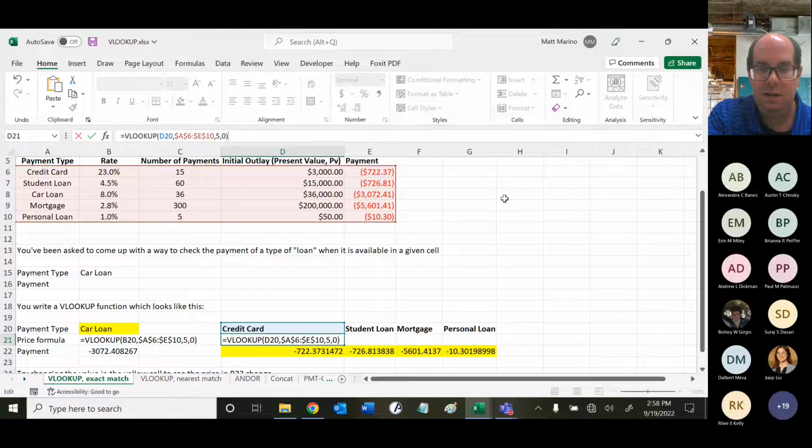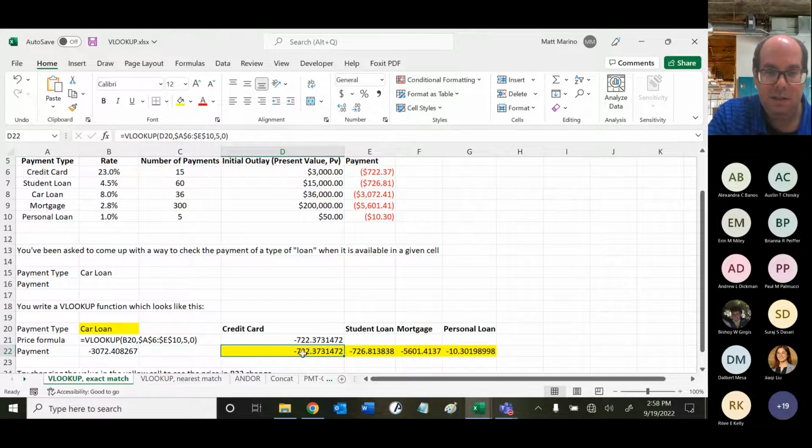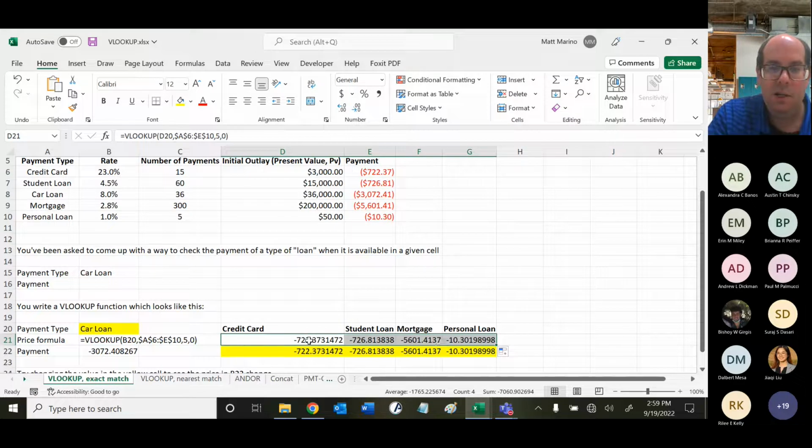And then you close it out, and when you hit enter, you get the same exact formula and answer as the yellow highlighted box below. Got it. You can autofill that over. So what would we do if we wanted to find the present value for the credit card?